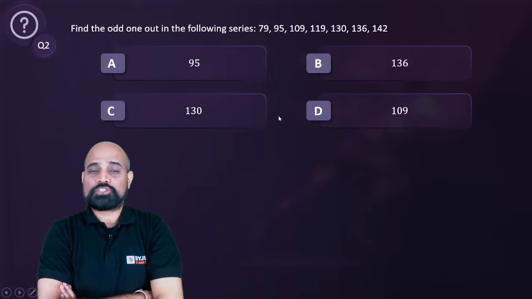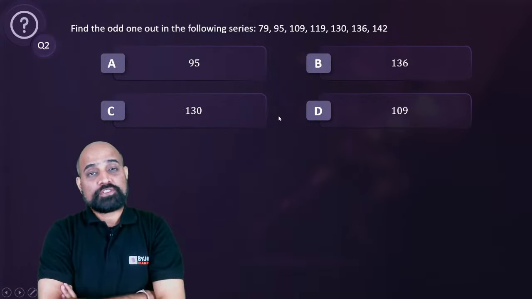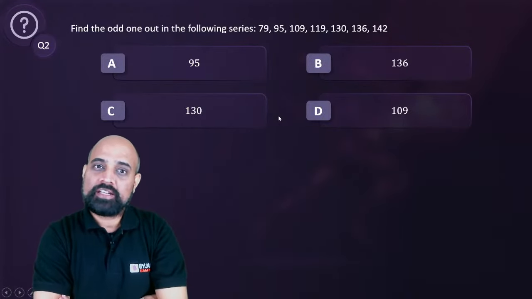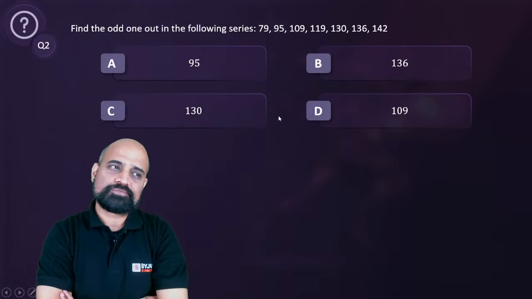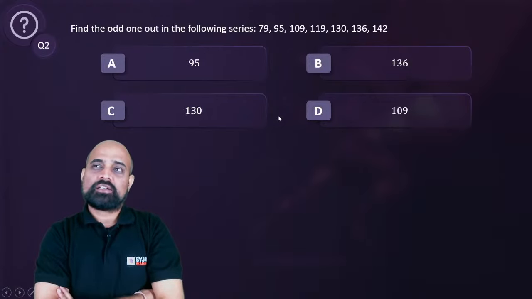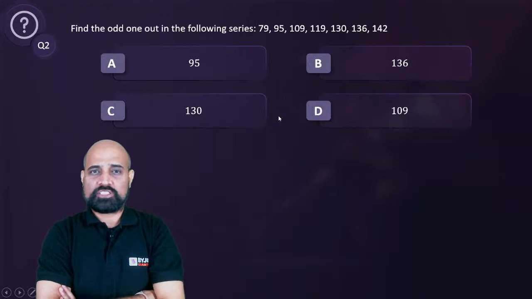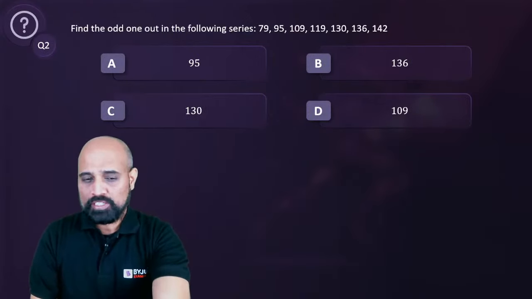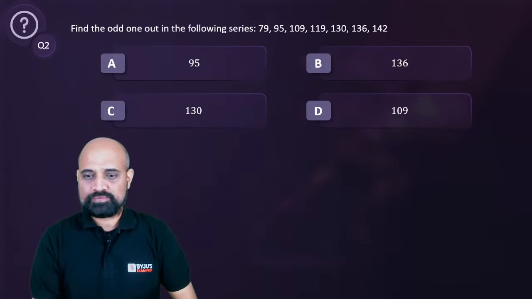The first thing we always do is we try to find out if these are in an AP, if these are in GP, if these are in AGP, and then if it doesn't work out, then we think of miscellaneous types. कुछ और चल रहा होगा, odd, even, powers, as in exponential format, prime numbers, sum of digits, product of the digits, ऐसे ऐसे होगा. So what do you think the answer should be for this? क्या लग रहा है, क्या होना चाहिए आंसर?